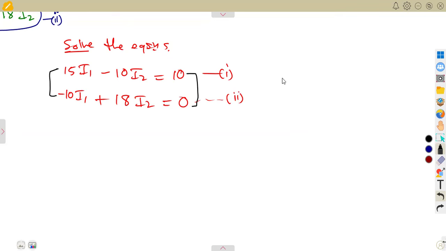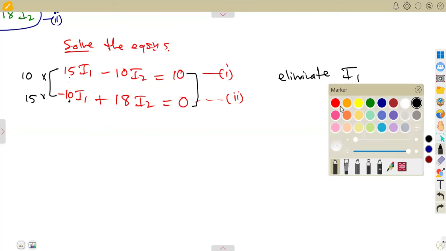So if we want to eliminate current 1, you interchange these numbers. This 10 multiplies equation 1. 15 multiplies equation 2. Remember your elimination, you want to make these two the same so that you can eliminate. You can even use the sign minus 10, but you can avoid the sign. Just work with the 10 as it is.